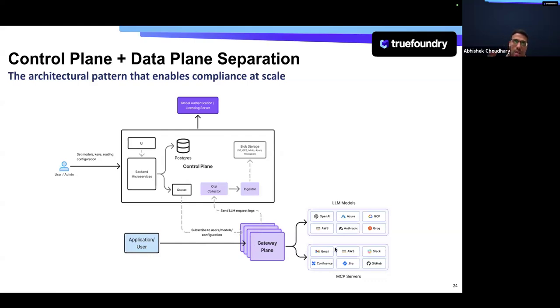That gives us additional reliability too: even if the control plane is down, your gateway plane continues to work. And the moment you change any configuration on the control plane, like adding a model in Europe or changing permissions, that is reflected on all the gateway planes. And once the data is generated by the gateway plane, you can direct it to any of the buckets in any of the regions. So you can also do that part.